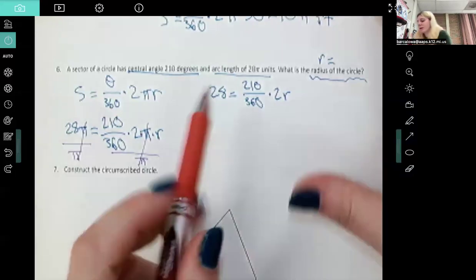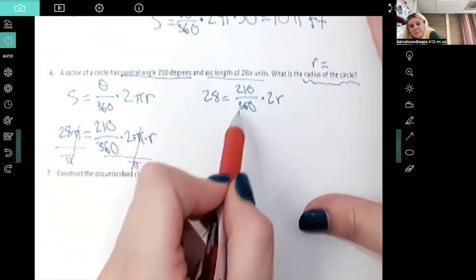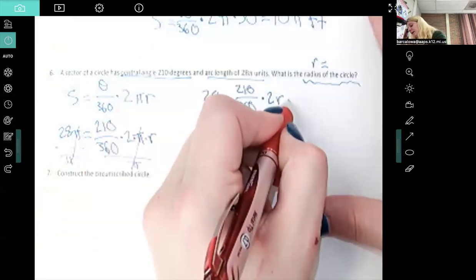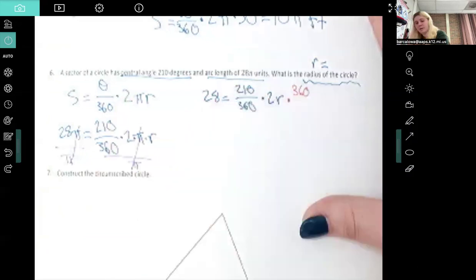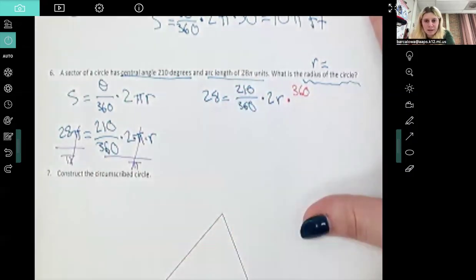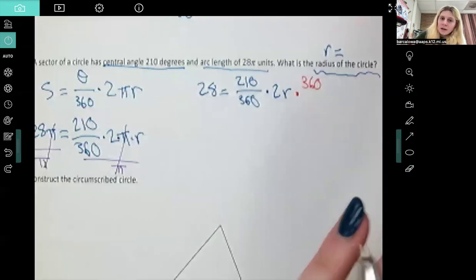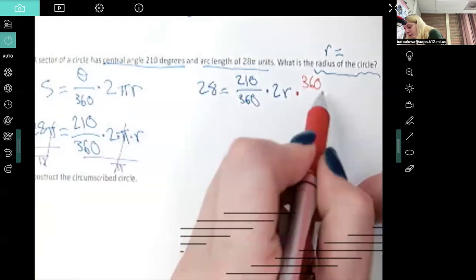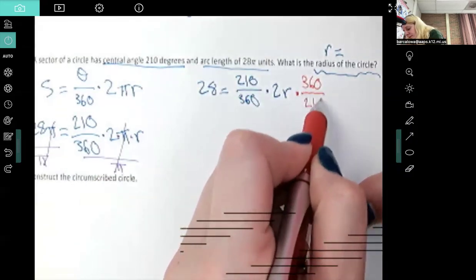Let me show you. I'm dividing by 360, so to undo dividing by 360, I want to multiply by 360. To undo multiplying by 210, I want to divide by 210.